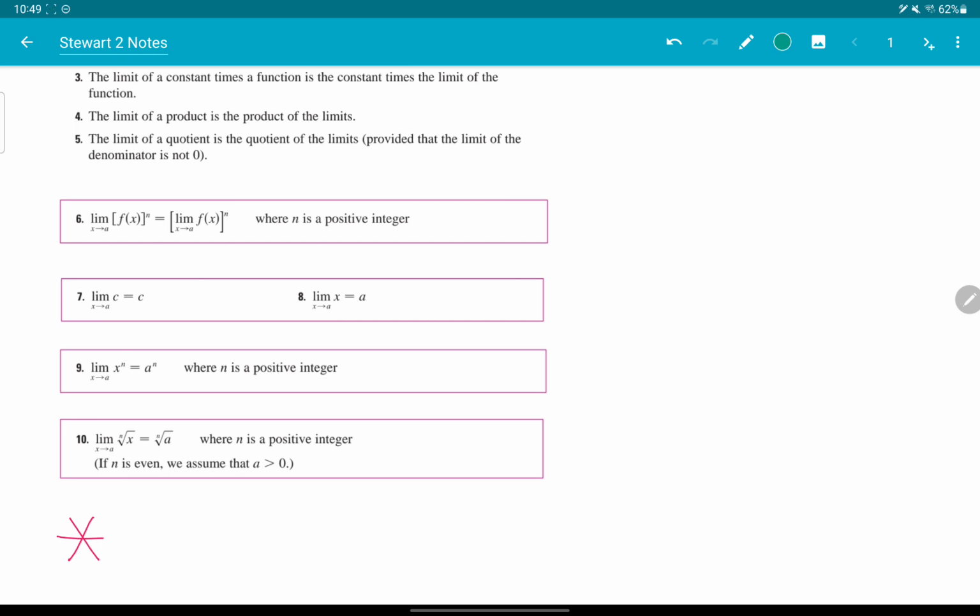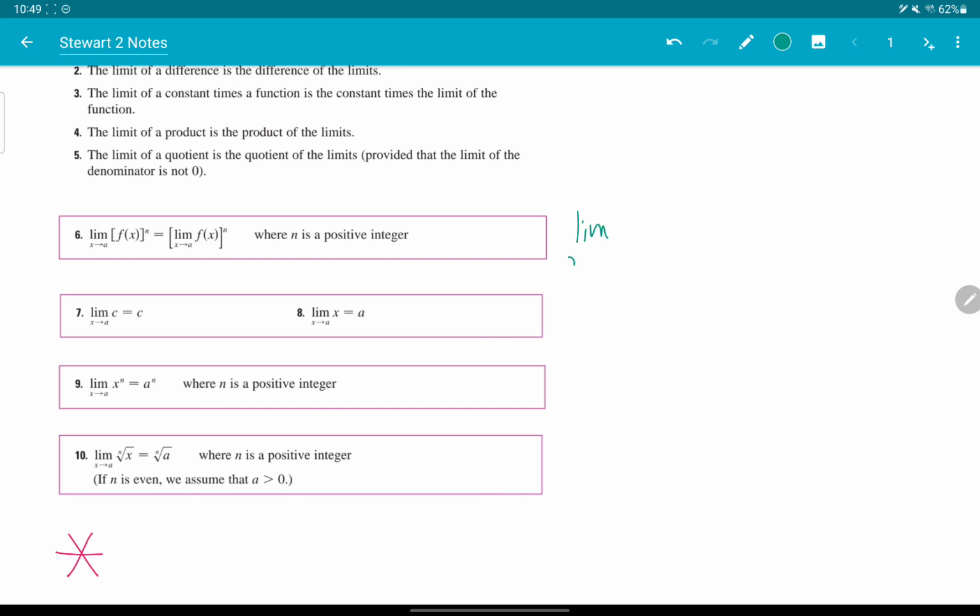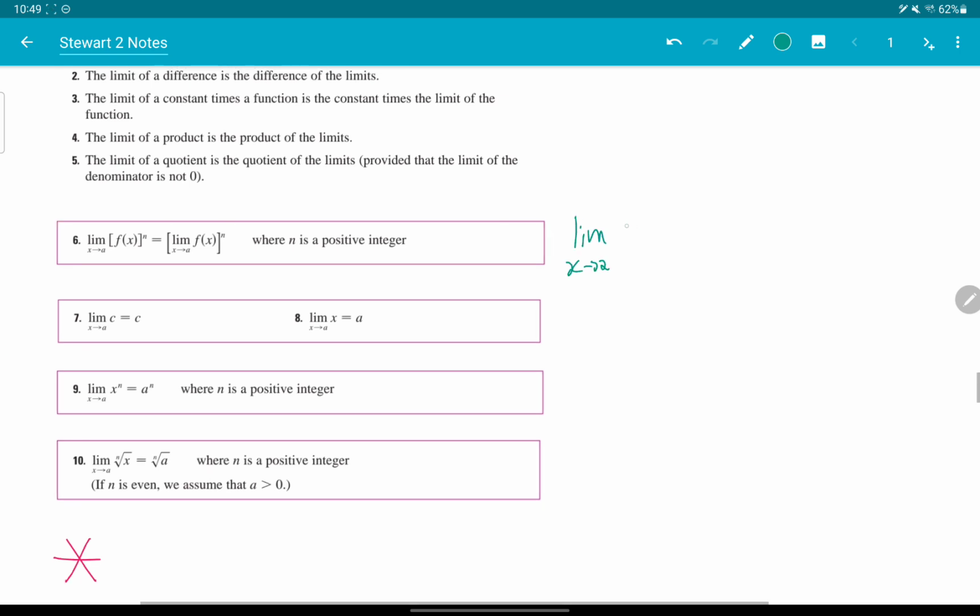So if you have like the limit as x goes to 2 of x cubed plus 1 to the 4, what you're allowed to do is just move that limit inside. That's what number 6 is saying.